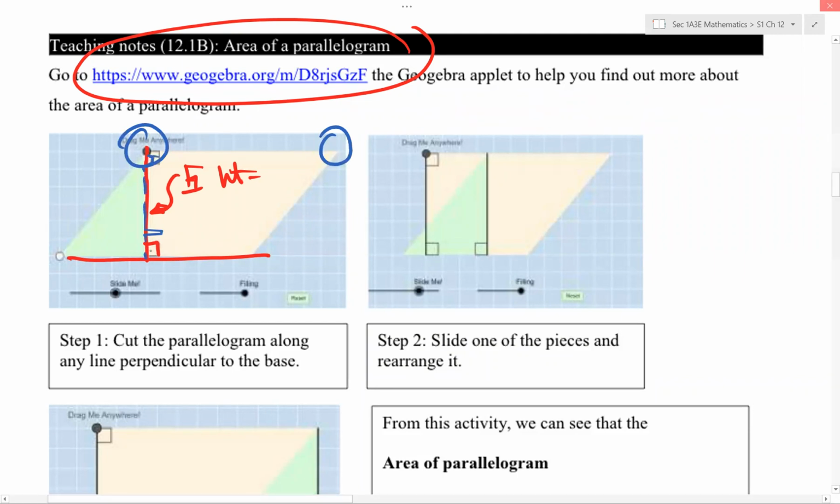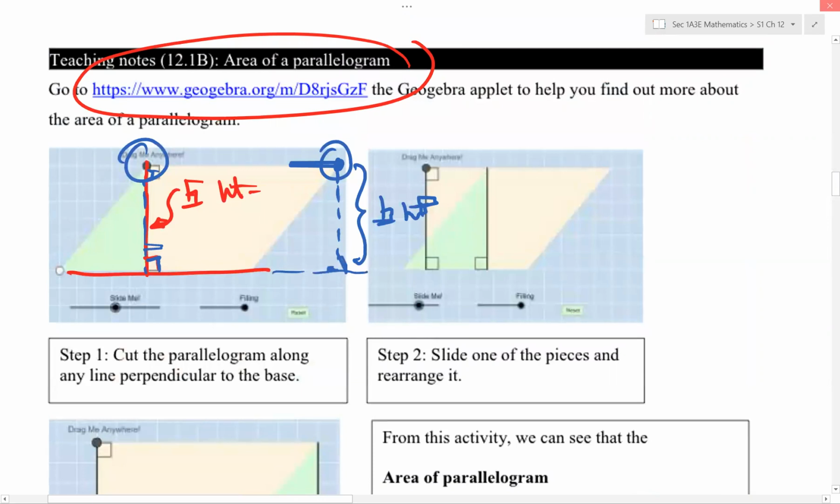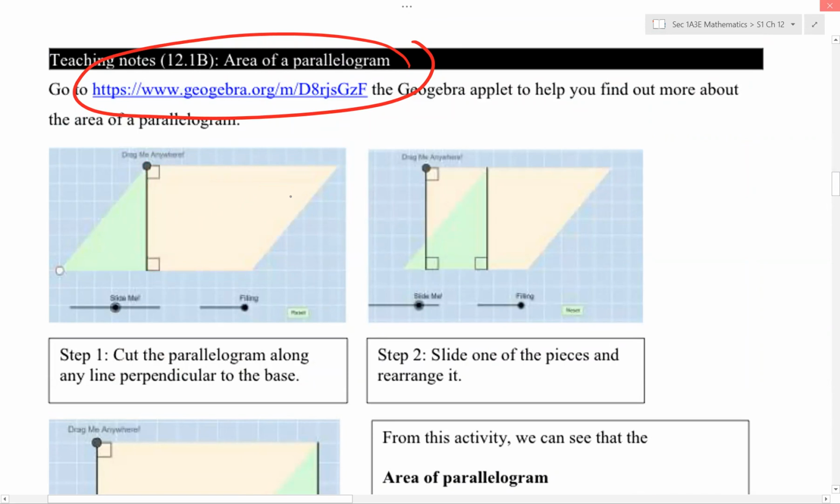Drop a perpendicular down, you will get your perpendicular height. Even if you chose this point over here, drop a perpendicular down, this will be your perpendicular height. And can you see that these 2 heights are the same? So either one will do. Drop it down to the base. Okay, but that's not the focus of this portion or the derivation of the area.